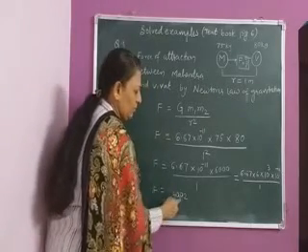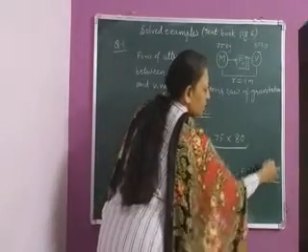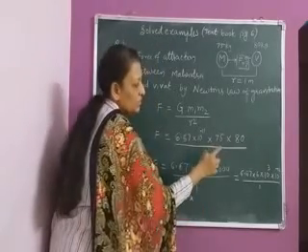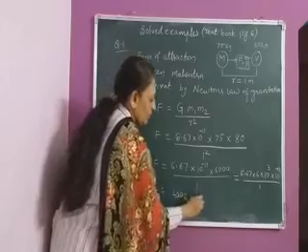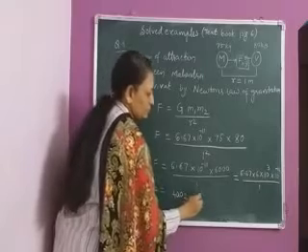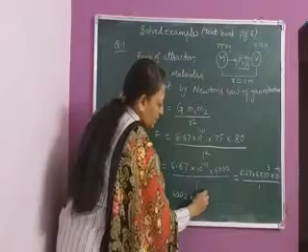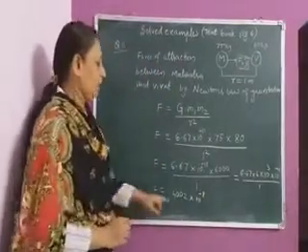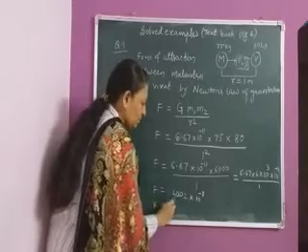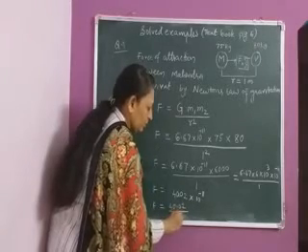So 40.02 into, now here the bases are the same, so we will add their indices. 3 plus negative 11 is equal to 10 to the power negative 8. Now here it means 40.02 upon 10 to the power 8.